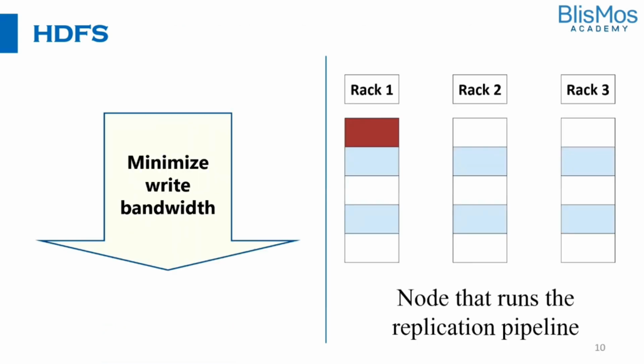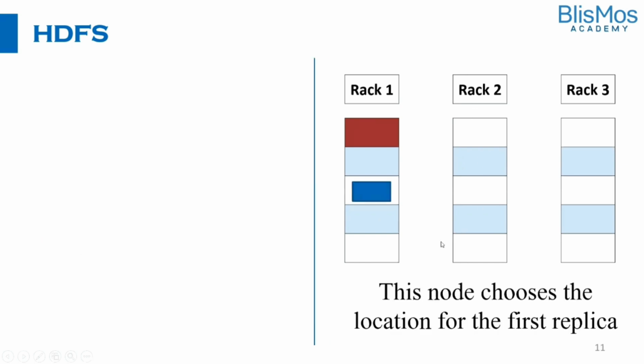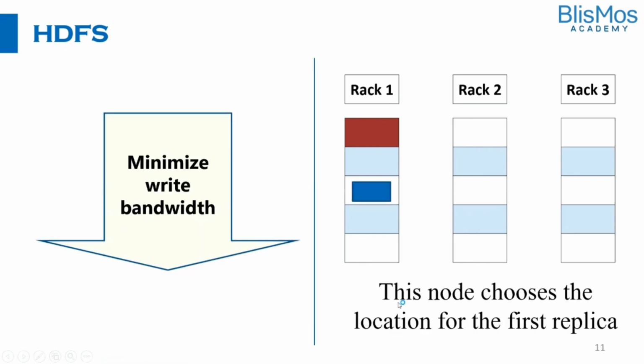Now, how do we take care of minimizing the write bandwidth? There is a node that runs the replication pipeline in a particular rack. It chooses a location for the first replica. In this case, let us say this is the first replica location. When I say replica, it's a block of the entire data. In our case, remember, we split the 1 GB text file into 8 blocks. Consider one of the blocks in that particular file.